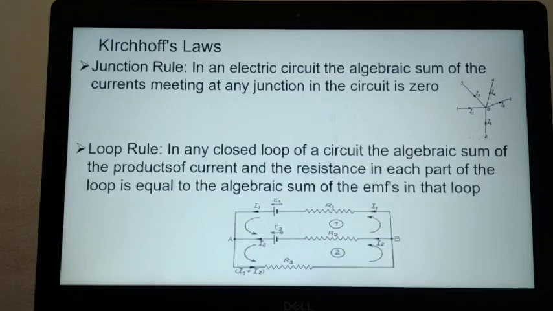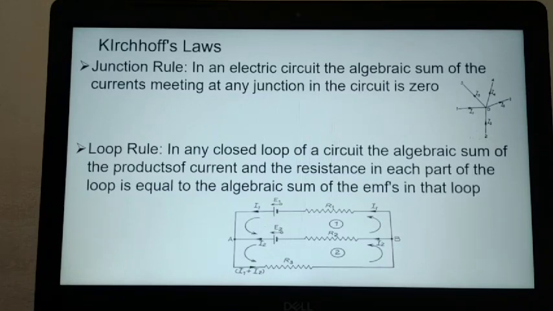The current flowing through R2 is I2, and when you reach the junction A, you can see two currents, I1 and I2, reaching the junction A. From the junction A they add up and flow as I1 plus I2 through R3. So the current through R2 is I2, the current through R3 is I1 plus I2, and there is only one cell with the EMF E2.